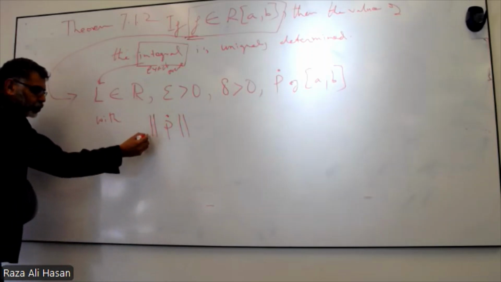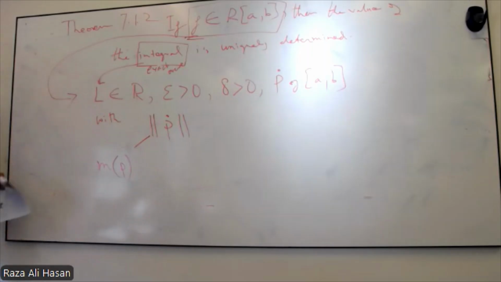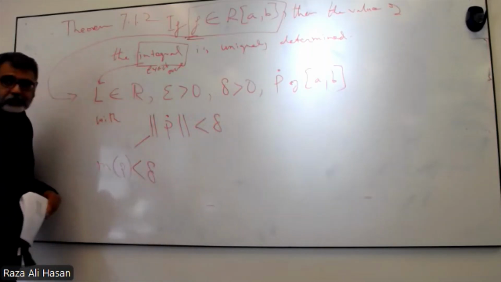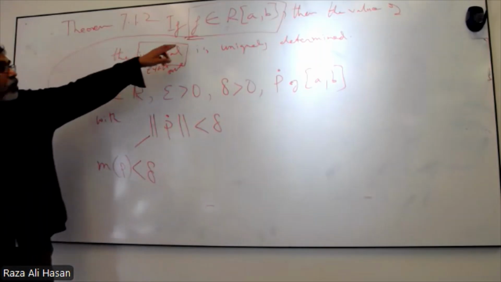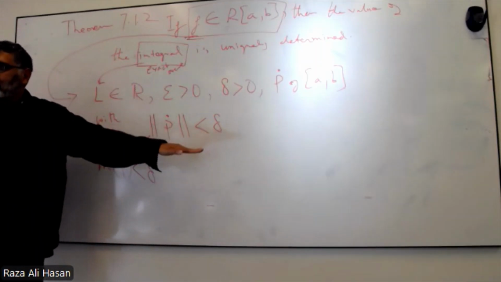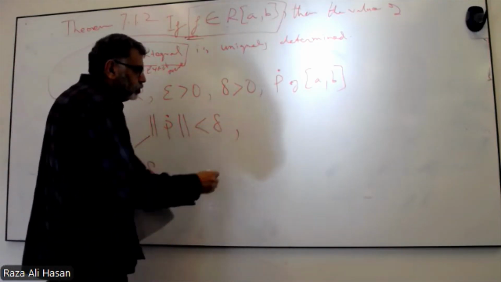So this is the partition, and we were using this notation before. If this was less than delta, this would be less than delta. So from this box here, we get all this information.